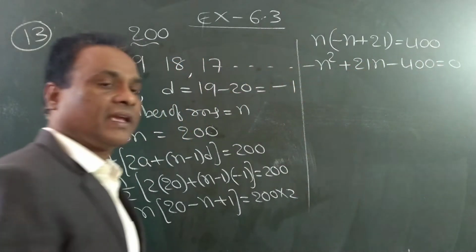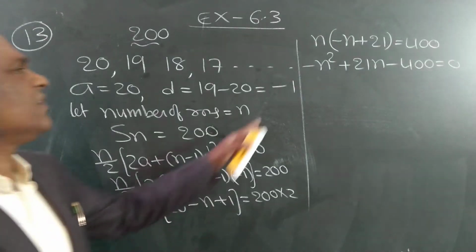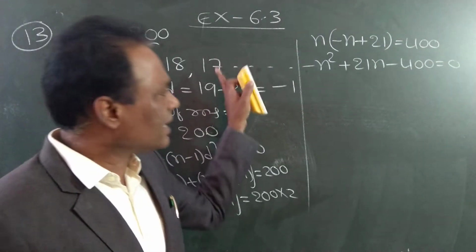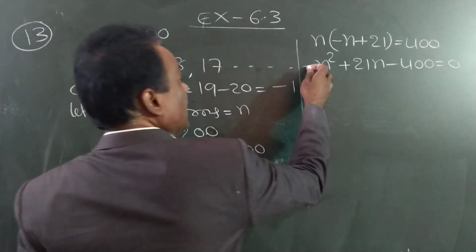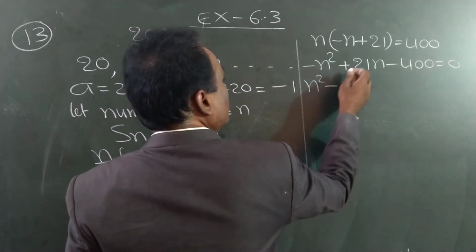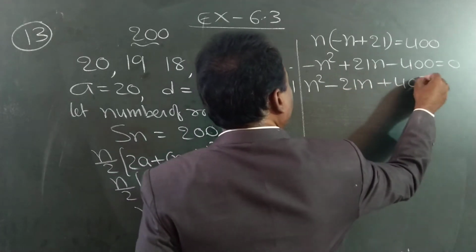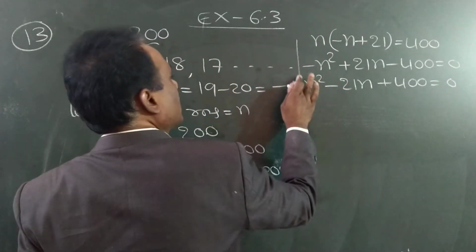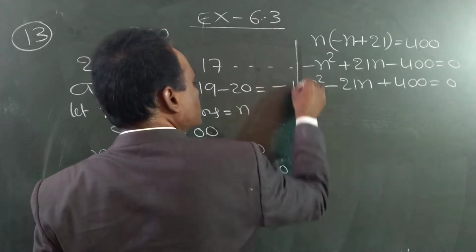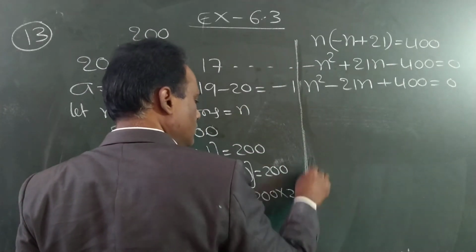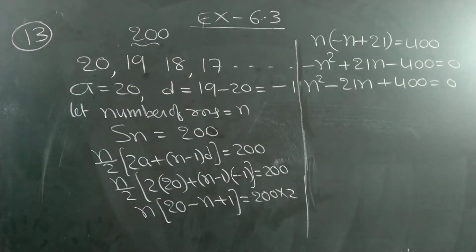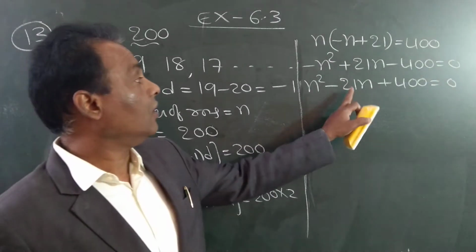Plus 400 this side, minus 400. Generally we don't keep minus in the beginning, so multiply with minus. Minus into minus is plus, this plus will become minus, minus will become plus. I am multiplying with minus. Now factorize.